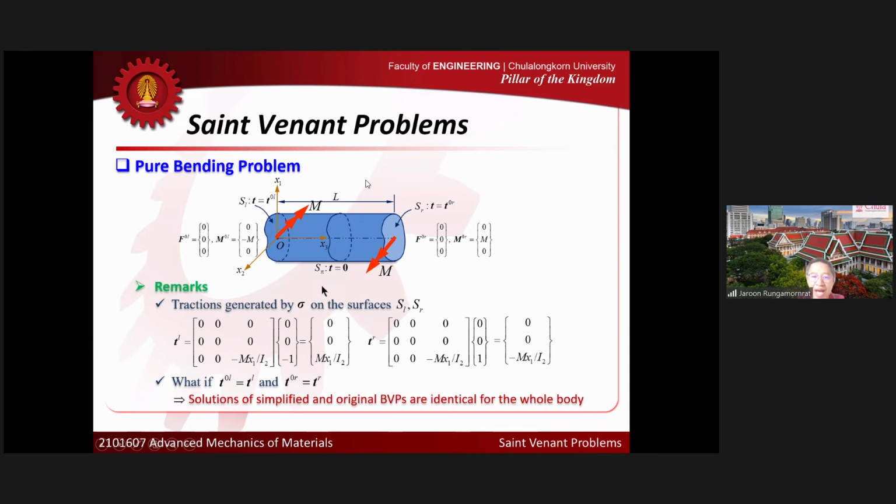But if you apply T0L and T0R, not exactly the same as TL and TR, but the net force and moment are like this, now I can say that the stress that I got before is simply the approximation, okay, of the original problem. It's simply the approximate stress field of the original problem.